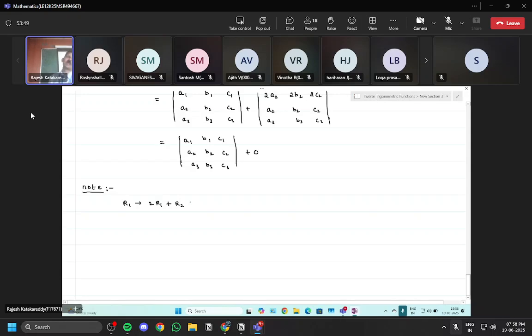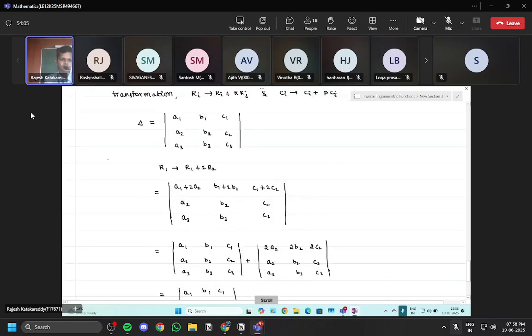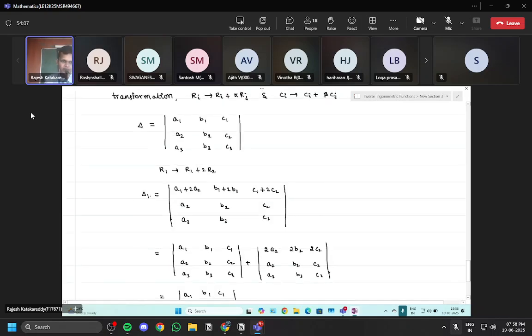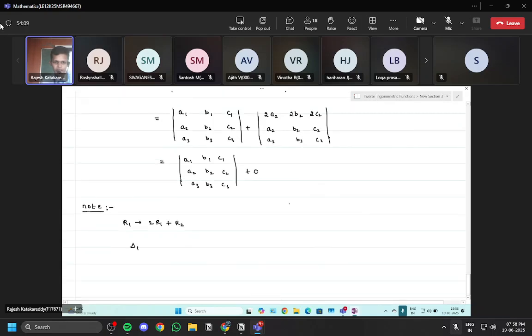Let's see what happens if we write it this way. Instead of 1, we are multiplying with some other real number, that is 2 in this case. Now that delta will be equal to delta 1, let us call. After the operation, the determinant may change.